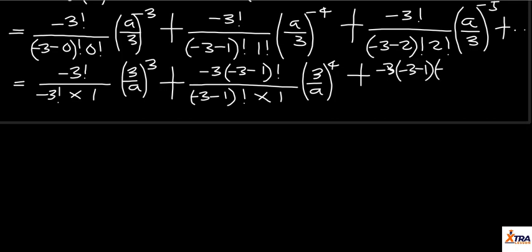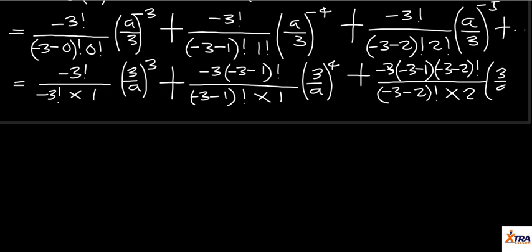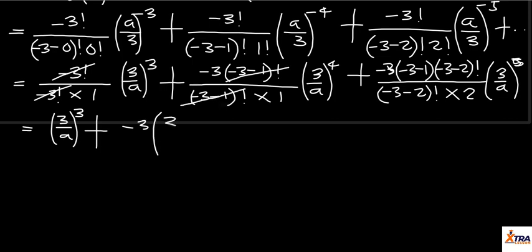Plus the next one, I have minus 3 times minus 3 minus 1 times minus 3 minus 2 factorial all over minus 3 minus 2 factorial times 2. Here, I'll have 3 over a all raised to power 5. Moving on, my minus 3 factorial can cancel out. I'll be left with just 3 over a all cubed. Plus this one, cancelling this out, I'll be left with minus 3 into bracket 3 over a raised to power 4.